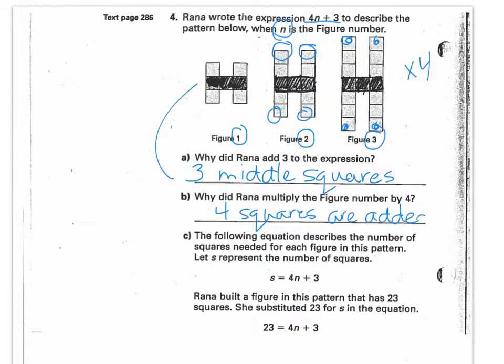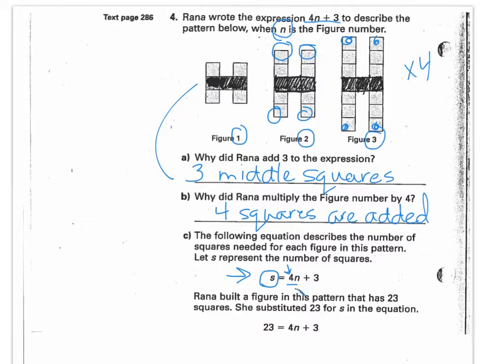Now, we have an equation. S equals 4n plus 3. S is going to represent the total number of squares in a pattern. 4 represents what we're adding each time, or what we're doing to the figure number.